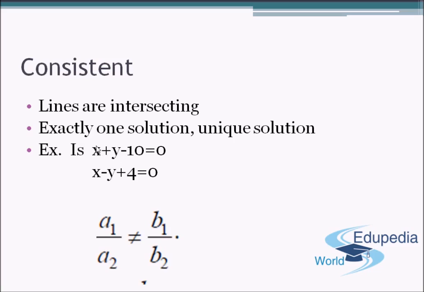Moreover, the ratio of the coefficients of x, that is 1 over 1, is not equal to the ratio of the coefficients of y, which is 1 over minus 1, that is minus 1. Thus, if we need to check whether the lines are intersecting or not, just look at the coefficients of x and y. If the ratios are not equal, then the pair of lines will be intersecting.